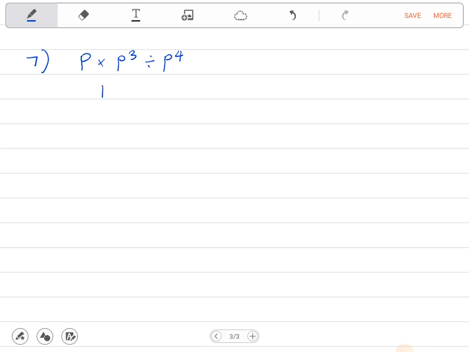So we say 1 plus 3 gives us p to the power 4, then divided by p to the power 5. Now we are dividing same bases, so what do we do? We subtract the powers. So we have p to the power 4 minus 5, which just gave us p.